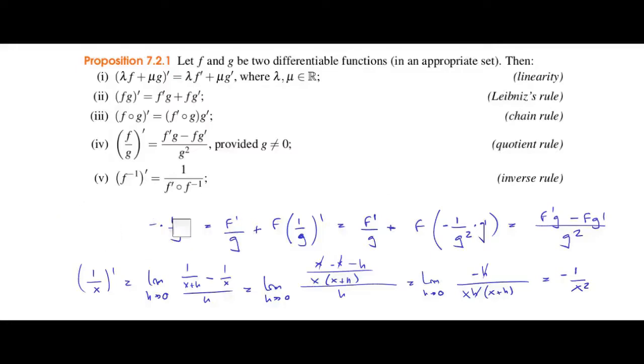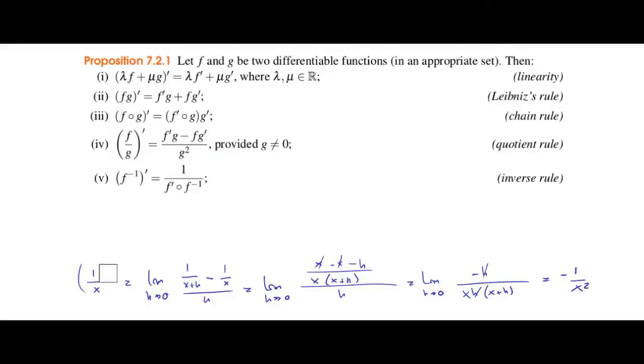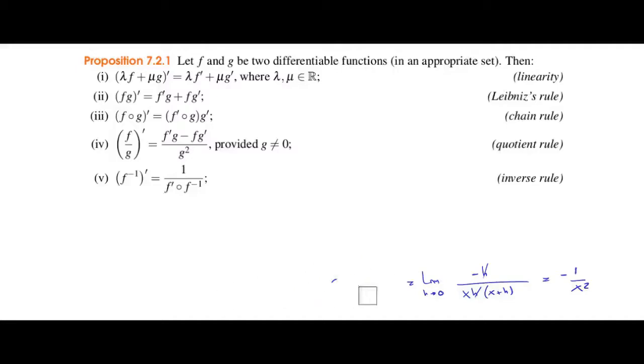Okay, and then the final property is that the derivative of the inverse is 1 over the derivative of f at f inverse.